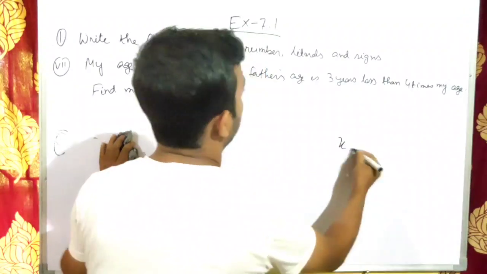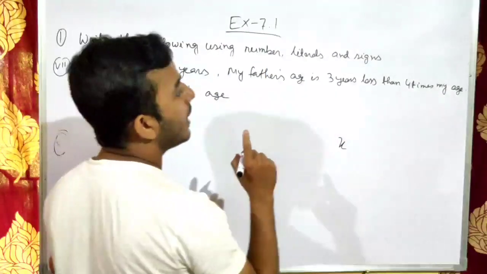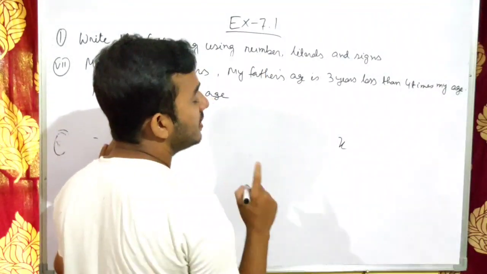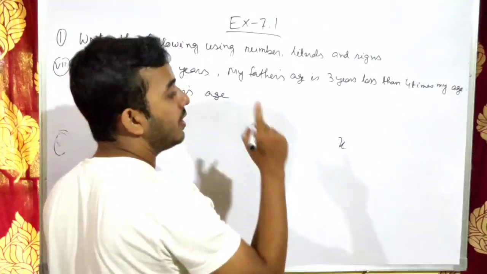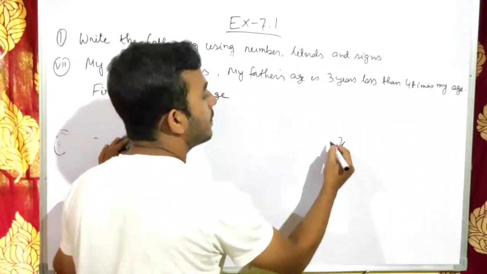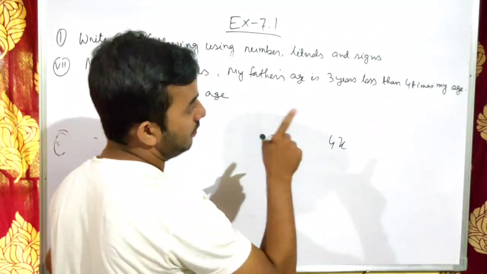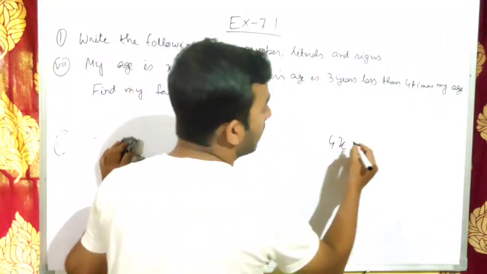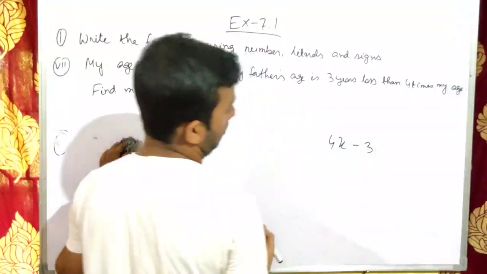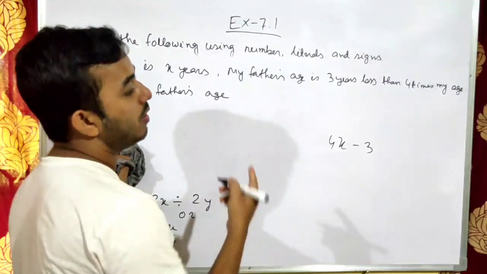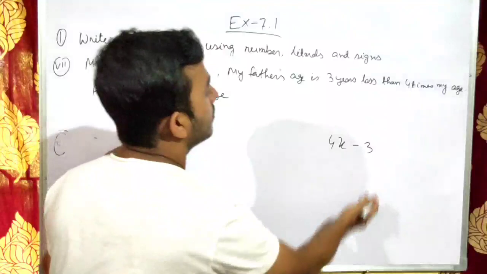Now my father's age is 3 years less than 4 times my age. My age is x years, so 4 times my age means 4x. My father's age is 3 years less than that, so 4x minus 3. So this is my father's age.